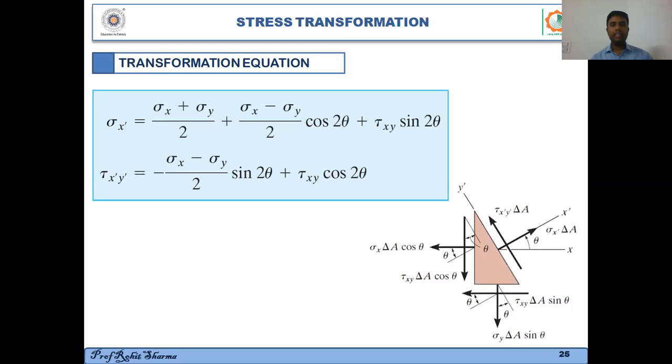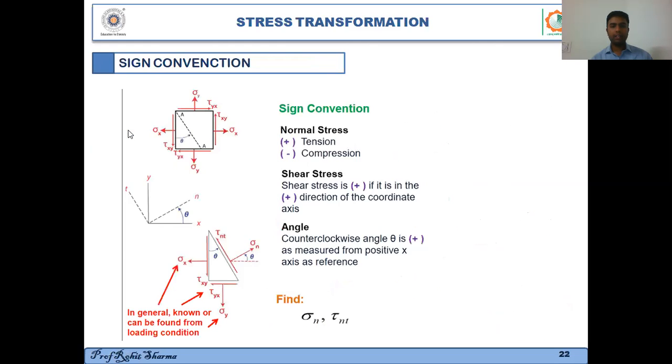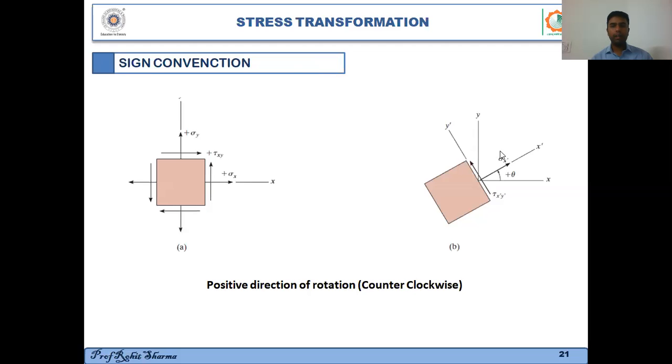These two equations represent the stress transformation equations for biaxial loading. If you rotate by some angle θ, you can find σx', which is the stress on the rotated plane.